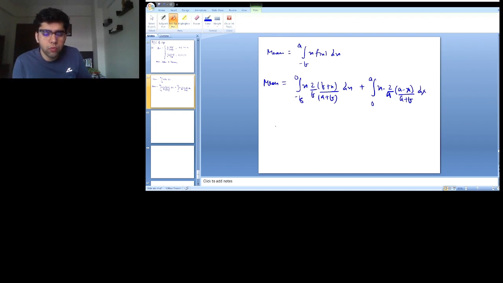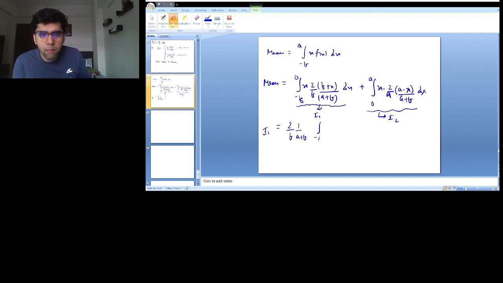So let's move now. Taking out 2 upon b into (a plus b) common from this integral, I'll be solving this integral first. This whole integral is I1, and this whole integral is I2, right? This is I2.